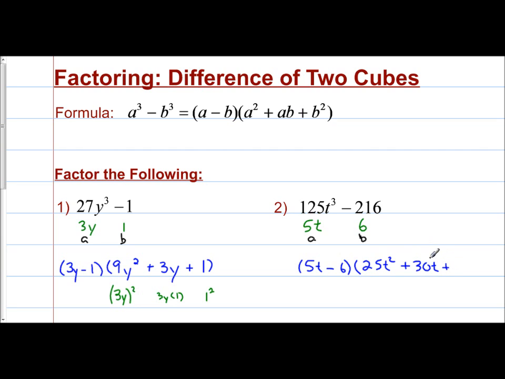Plus b squared, and b is 6, so 6 squared is 36. So the final answer is the quantity 5t minus 6 times the quantity 25t squared plus 30t plus 36. By identifying my a and b and writing it down, that kind of eliminates this process here. You can just look up at it and square a, square b, and find their product very simply.